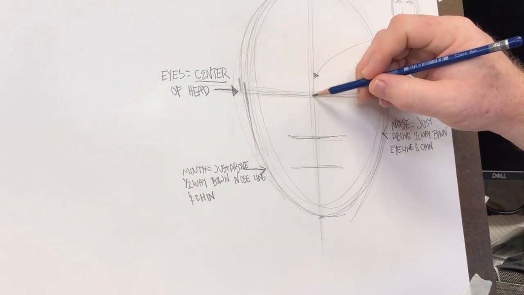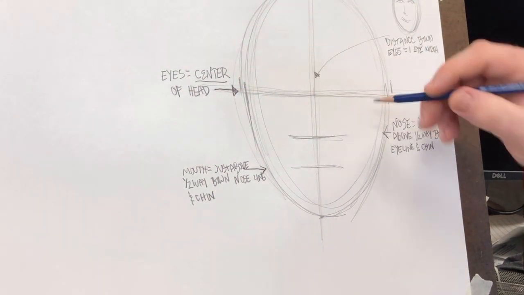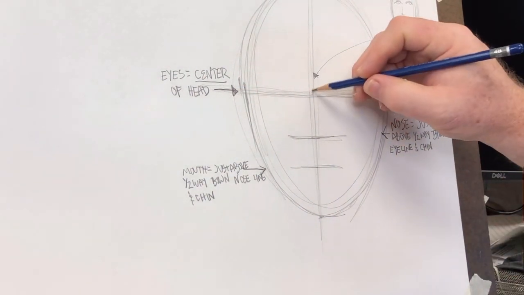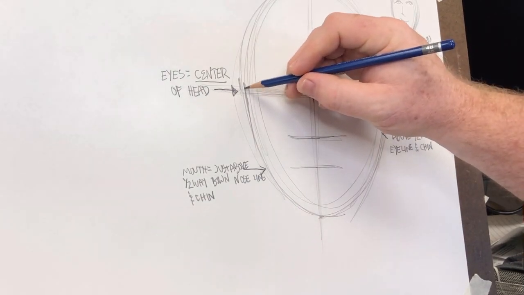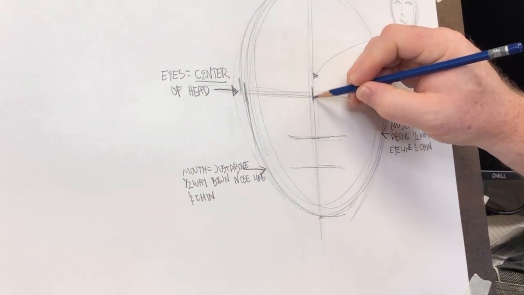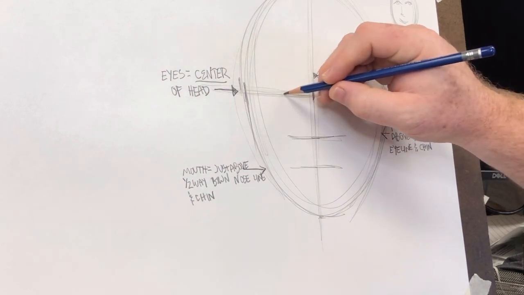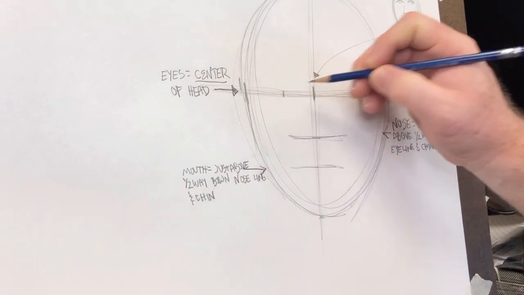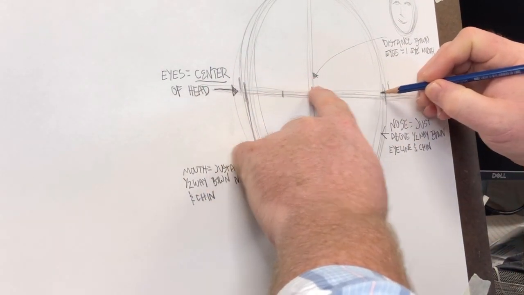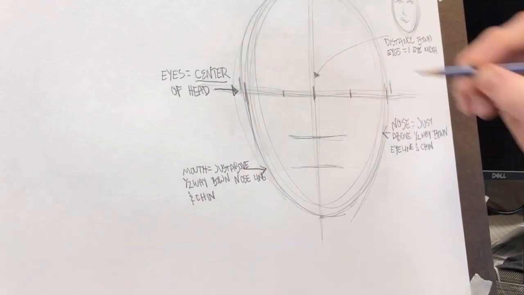There are a couple different ways to approach this, but I'm going to stick with the halfway idea here. I'm going to go from the edge of the head to the middle, and about halfway between there is where I'm going to have the center of the eye. About halfway, and then I'm going to come inside a little bit.